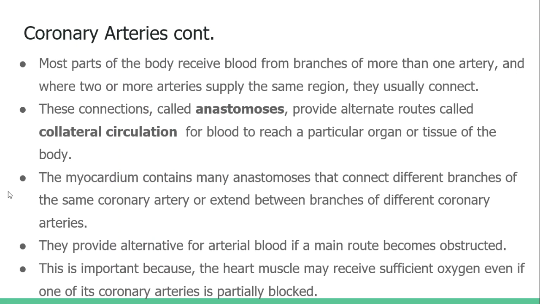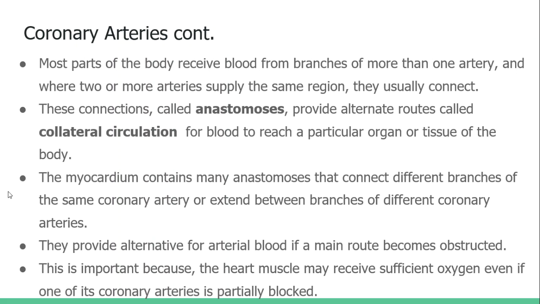We look now at coronary arteries, again continuing. Most parts of the body receive blood from the branches of more than one artery, and where two or more arteries supply the same region, they usually connect. These connections, called anastomoses, provide alternate routes called collateral circulation for blood to reach a particular organ or tissue of the body.